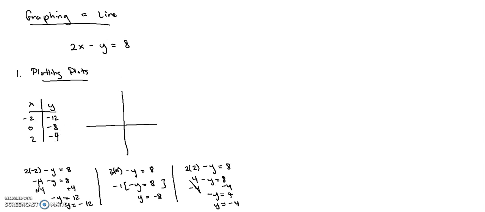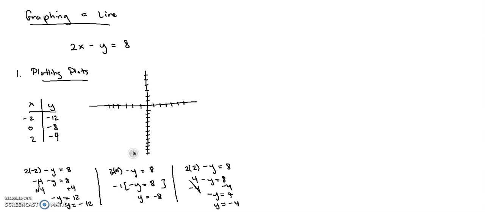Okay, so let me redraw this just a little bit bigger. All right, 1, 2, 3, 4, 5, 6, 7, 8, 9, 10, 11, 12. Okay, so we've got -2, -12.